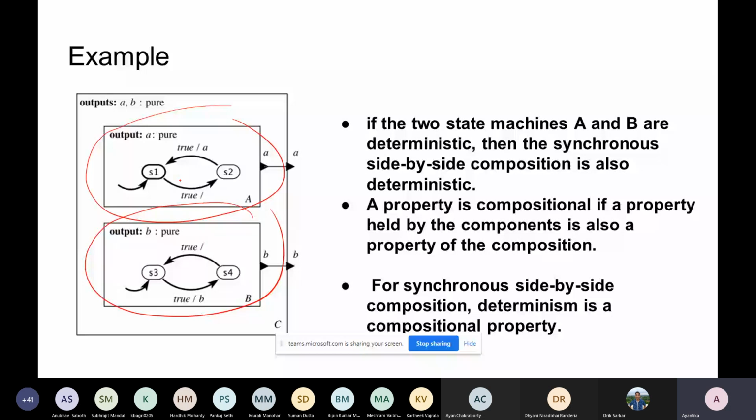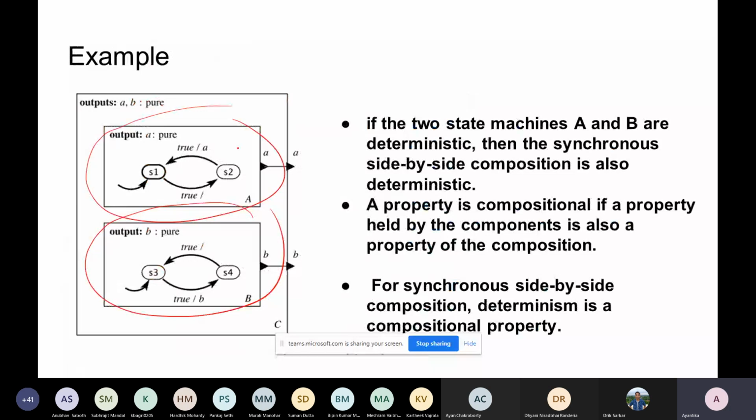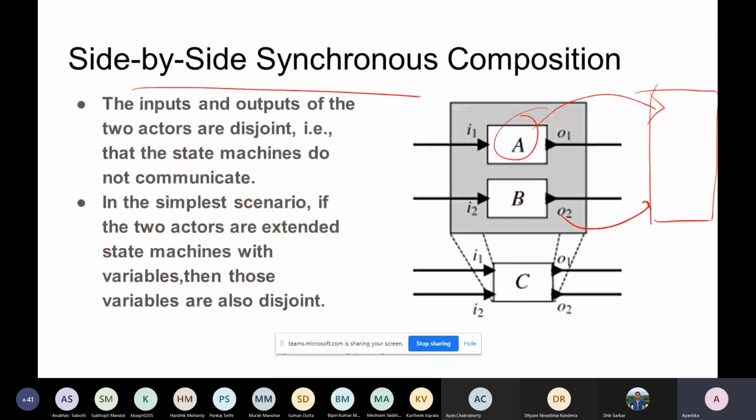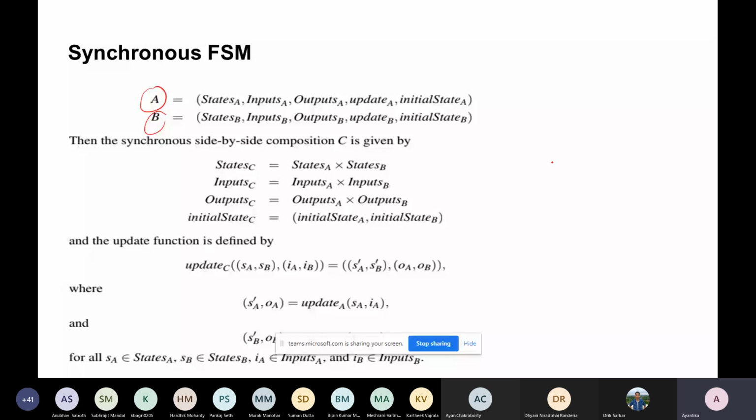Now, when I have two FSMs, A and B, like here in the system, you have some input given to them and you are getting some output, with some intermediate transition conditions. How will you formally model the state outputs?